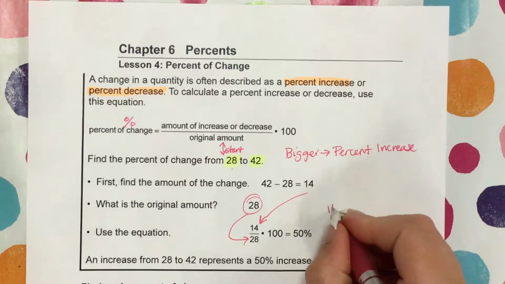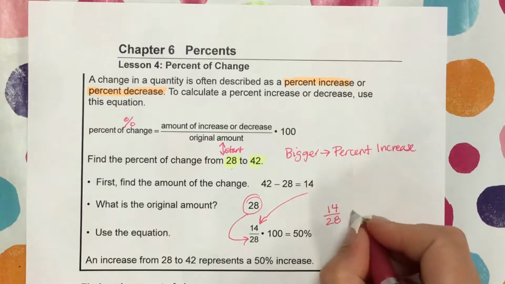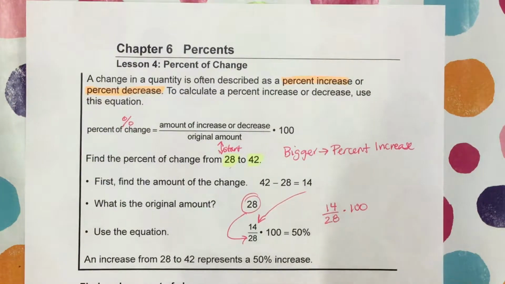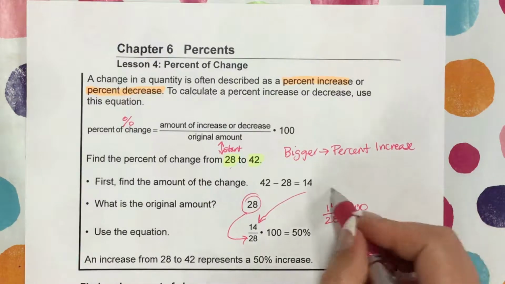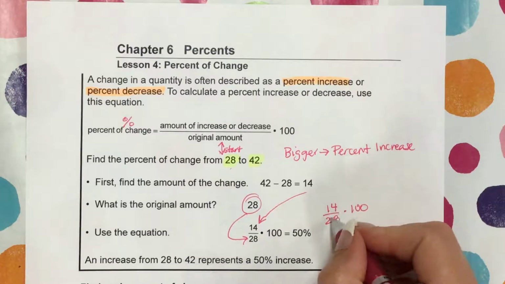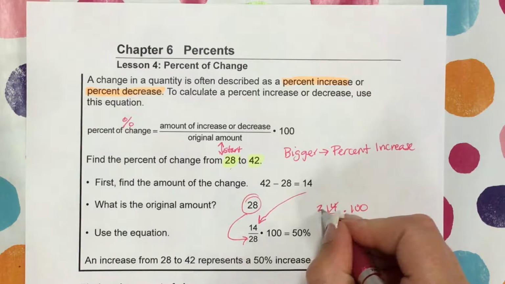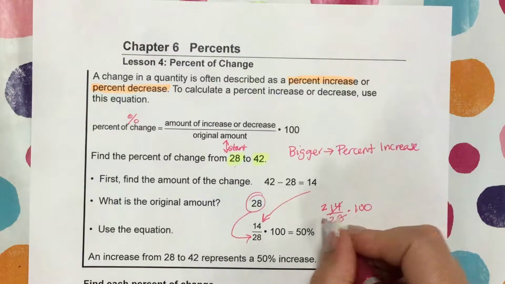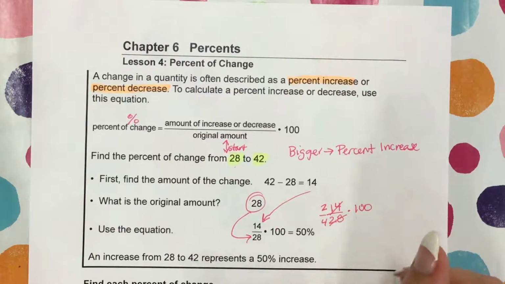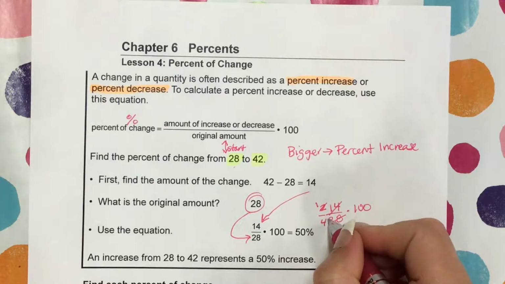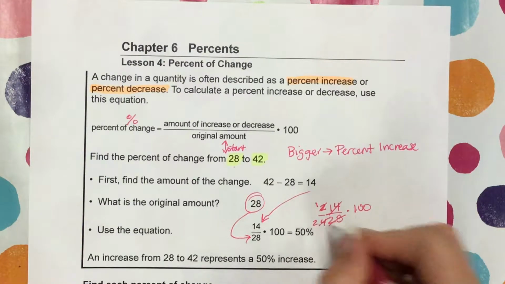But let's look at it over here. So 14 over 28 times 100. Okay. So this is a fraction. We can go ahead and simplify this. Do we know something that goes into both of these numbers? I do. I know that 7 goes in. 7 goes into 14 2 times, and it goes into 28 4 times. But we can reduce 2/4 even further. 2 goes into both of these. 2 goes into 2 1 time, and 2 goes into 4 2 times.